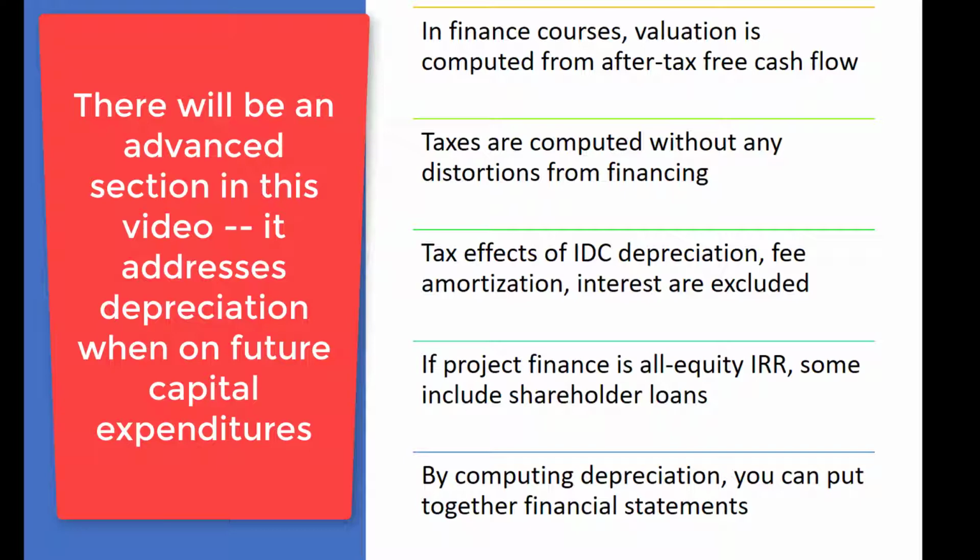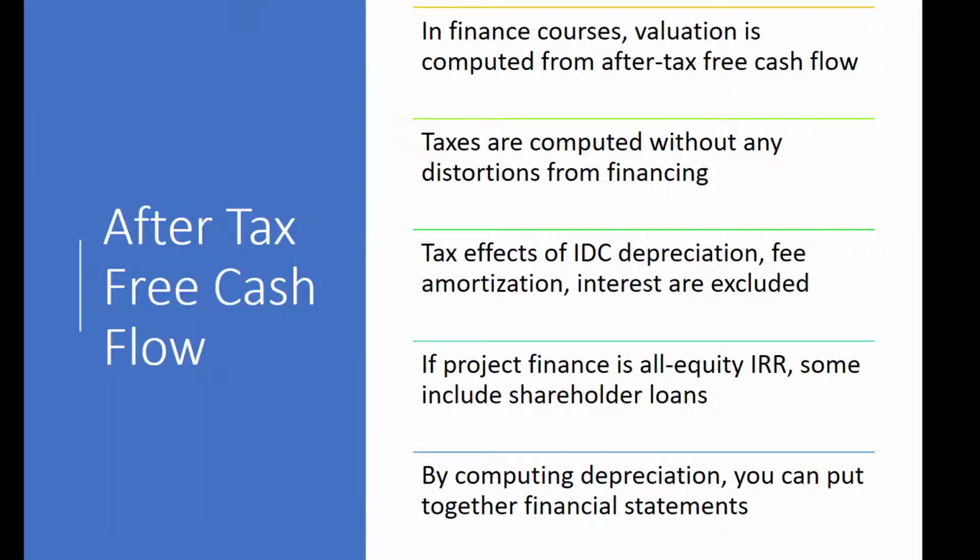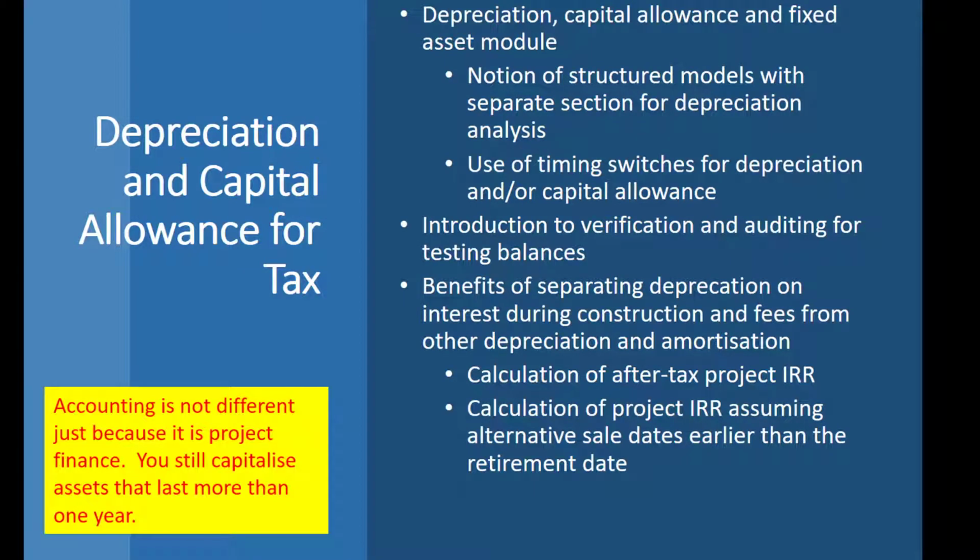We want to get a pure after-tax cash flow that's not affected by anything in financing. So we compute pre-tax cash flow and after-tax cash flow. This is kind of like the ROIC, the NOPAT, and all that. After we get this, we can put together depreciation.